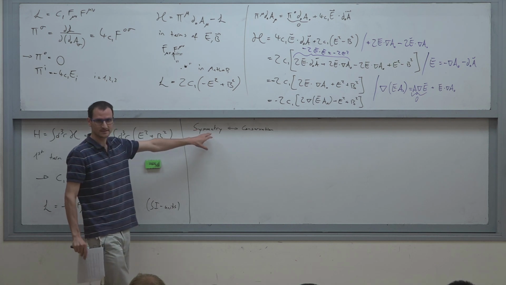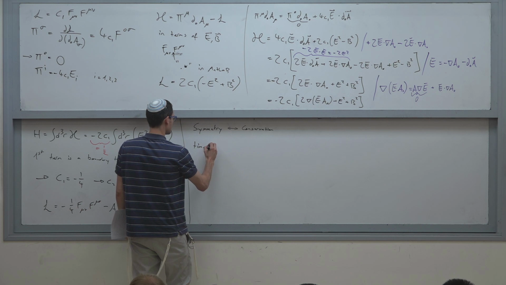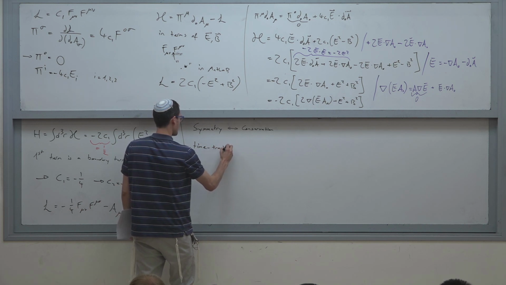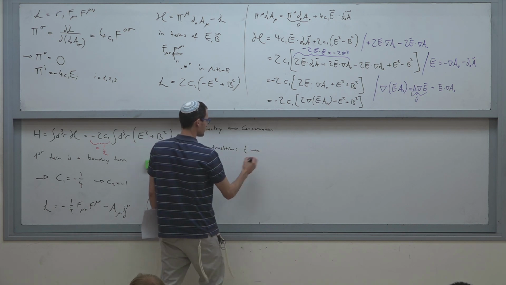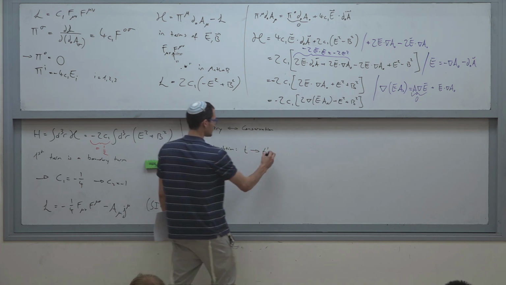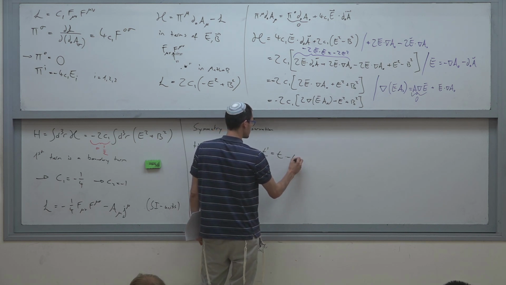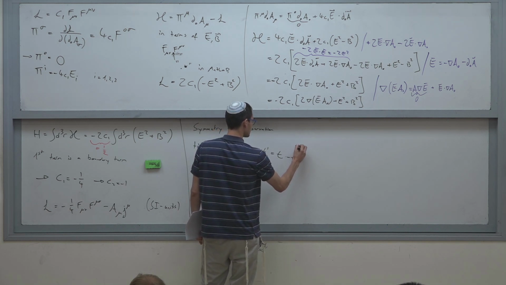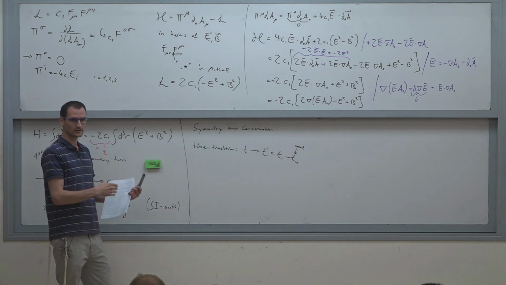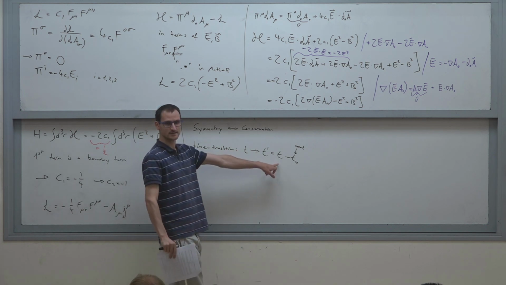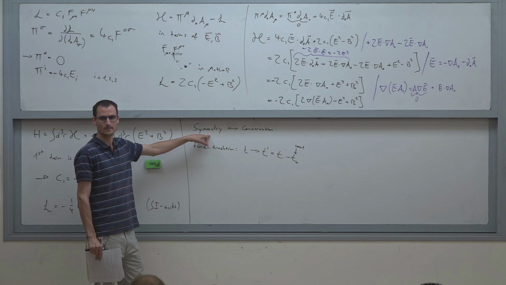What this means in physics is that if you take, so let's look at time translation. Time translation means that instead of t, you plug in t prime, which is equal to your time t plus some constant or minus some constant. If the equations of motion do not change when you replace this, then they're symmetric under time translations.